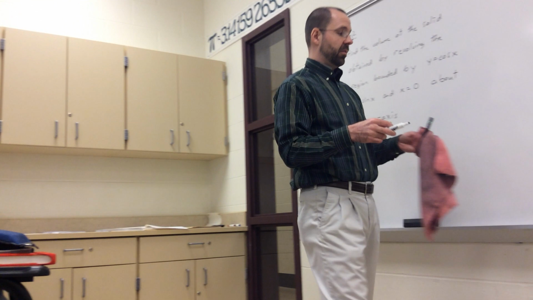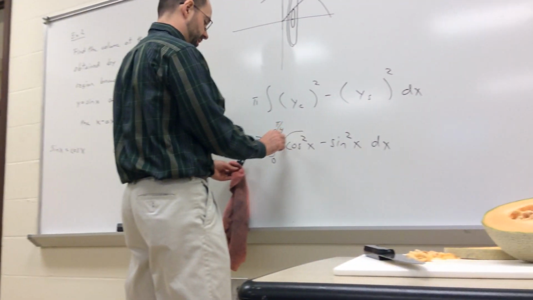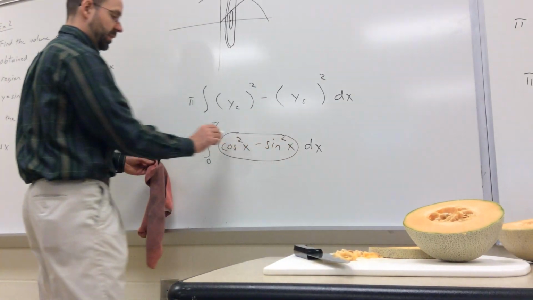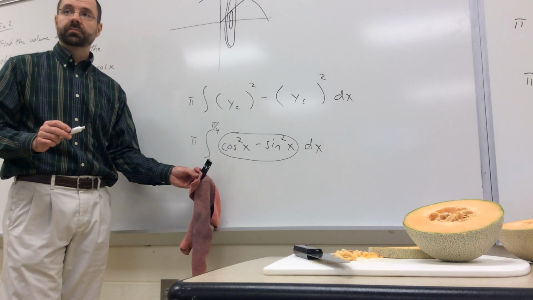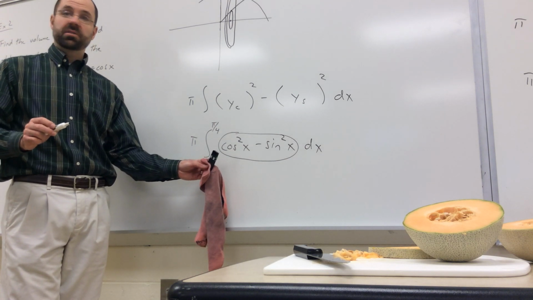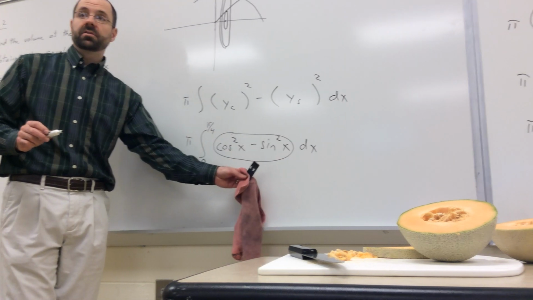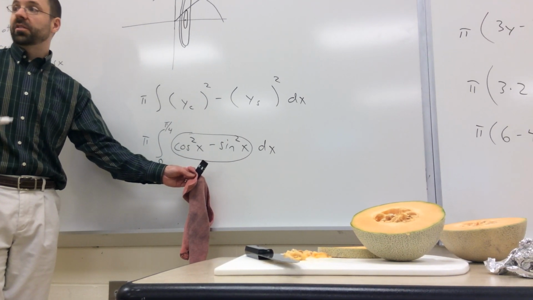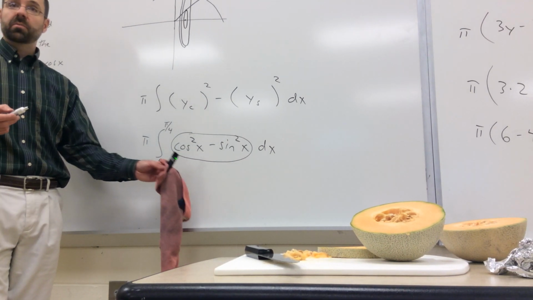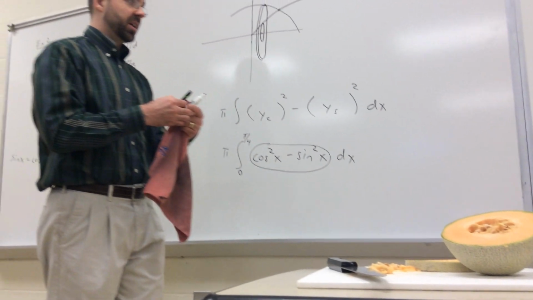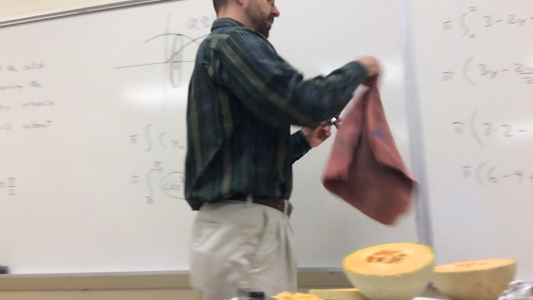Okay, then this antiderivative is tough. Cosine squared minus sine squared. I don't know how to take the antiderivative of cosine squared. I don't know how to take the antiderivative of sine squared. So luckily there's an identity for cosine squared minus sine squared. It's cosine 2x.